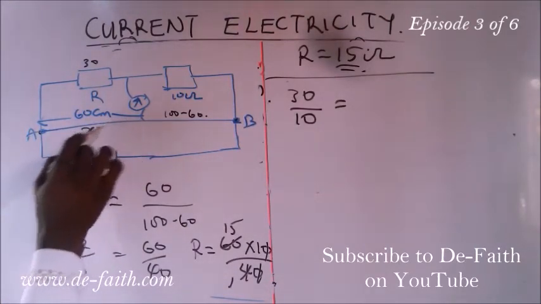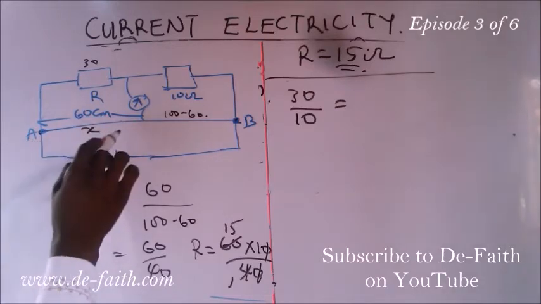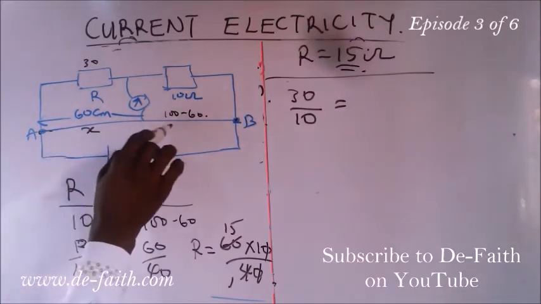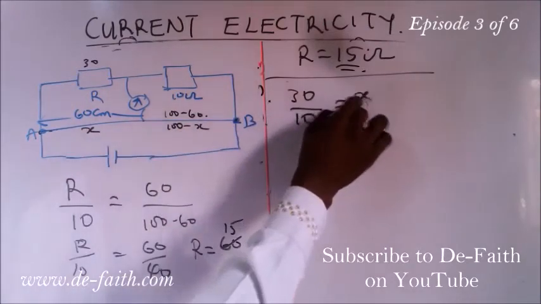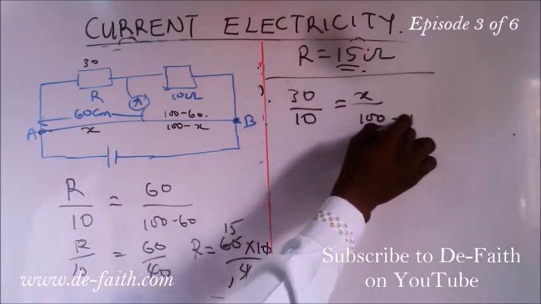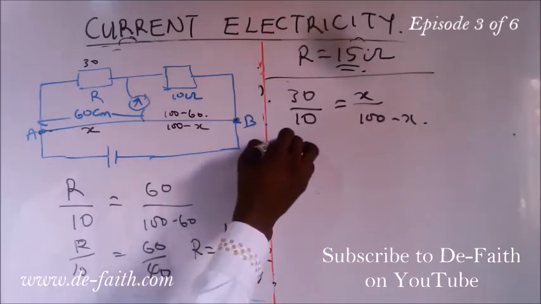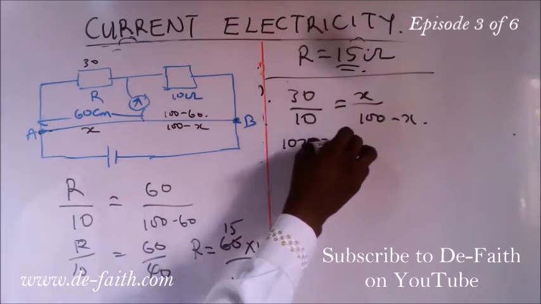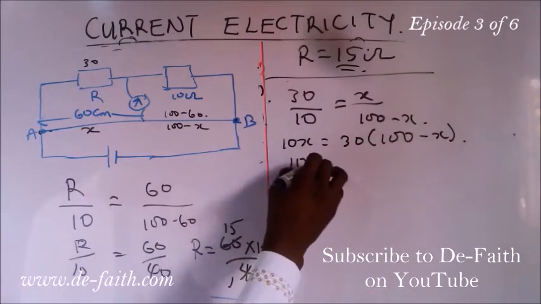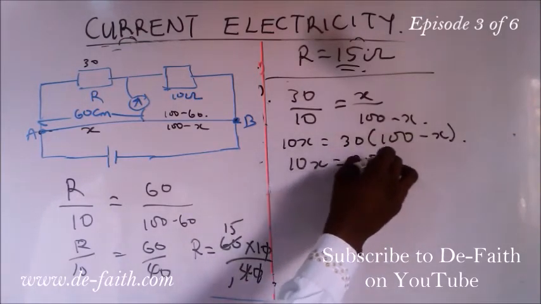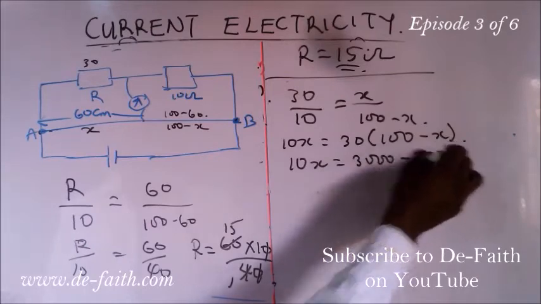We don't know what the length here is going to be. If this place is x, that means the other side will be 100 minus x. So we have our x here, then we have 100 minus x. We cross multiply and we have 10x equal to 30 into bracket 100 minus x. So we have 10x equal to 3000 minus 30x.